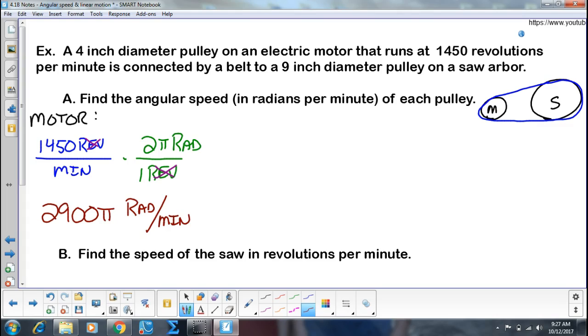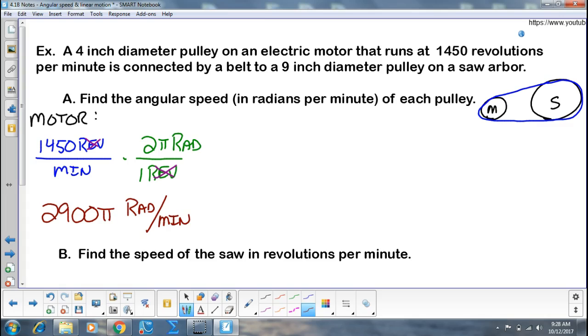If they were the same size, they would be spinning at the same rate. But they're not the same size, so their speeds are different. So, what's connecting the 2 pulleys? The belt. So we have to find the speed of the belt because that's what's constant between both of them.